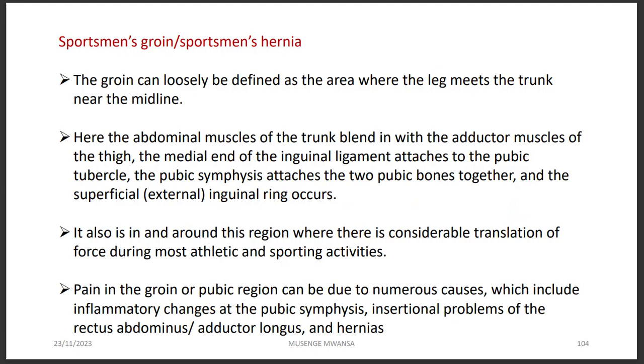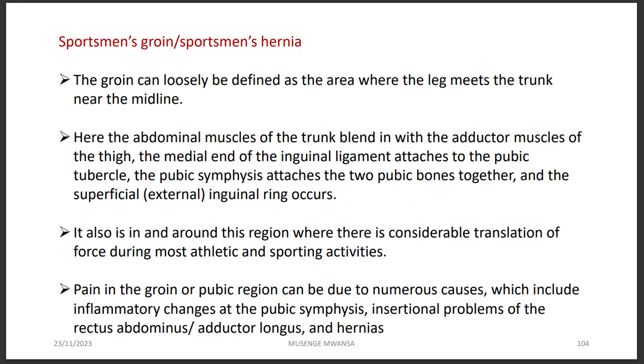You also have what is known as a sportsman's or groin hernia. These are found where the legs meet the trunk near the midline, somewhere there's a junction at the hip joint.